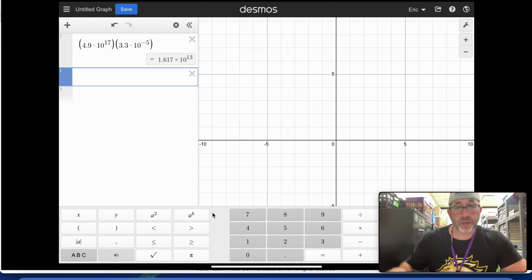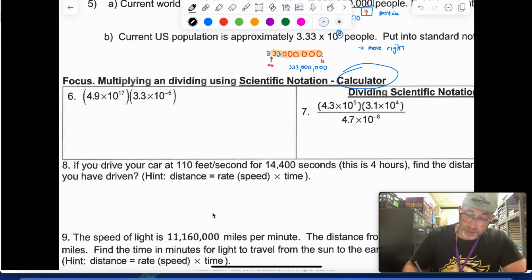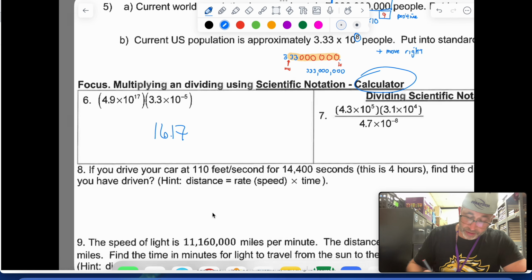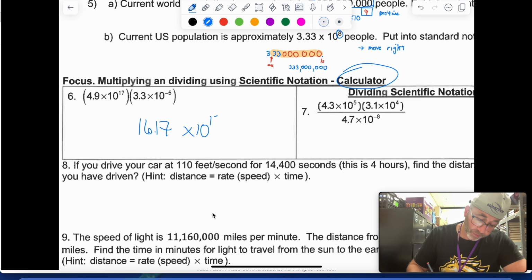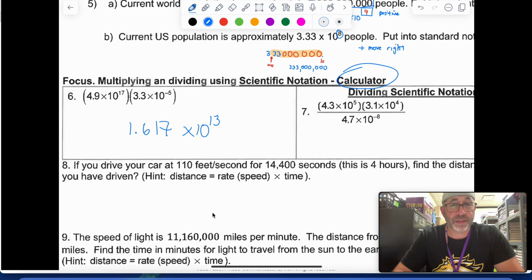Okay. And you'll see we get 1.617 times 10 to the 13th power. I wrote that all wrong right there. 1.617 times 10 to the 13th power.